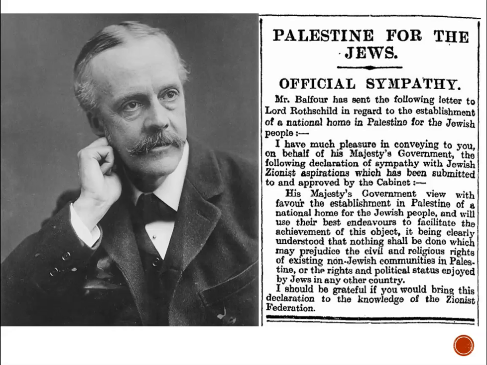Now, of course, this is an impossibility. How can a group of people move in and establish a nation in a territory where there's already people there who believe it's their land and their home? So this is the basis then for a lot of the problems with Palestine.